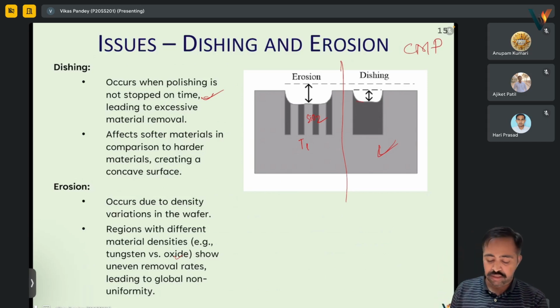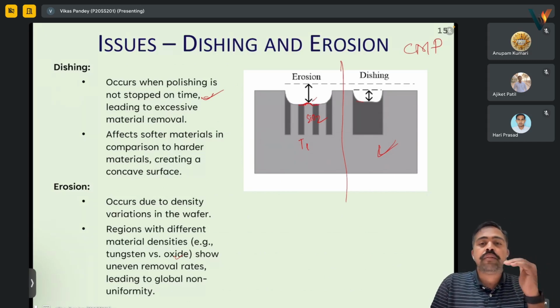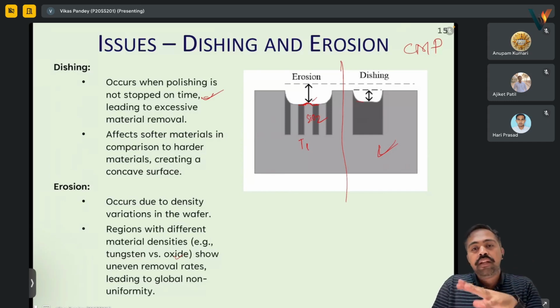That means in some areas you see SiO2 is at a higher position than the Ti, because globally it is not yet blended. That can be an erosion.